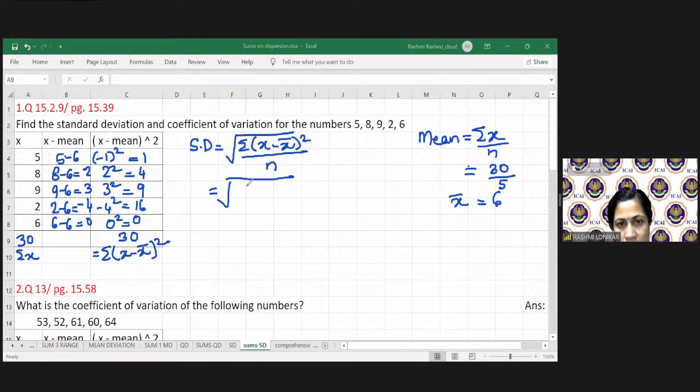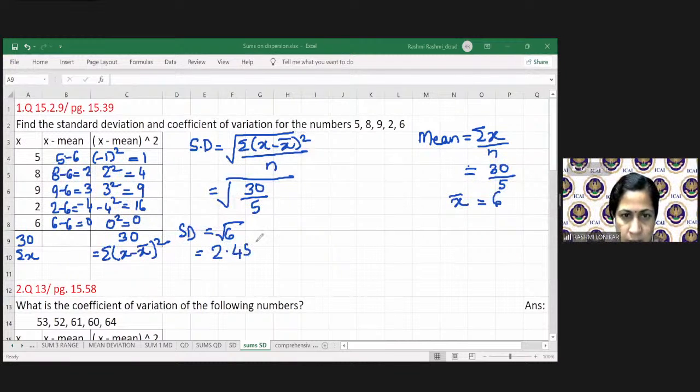So this is equal to 30 upon how much is my n? 5. So 30 upon 5 is how much? Square root of 6. So how much is my standard deviation? Square root of 6. You can easily do square root of 6 on the calculator. So square root of 6 is 2.45.